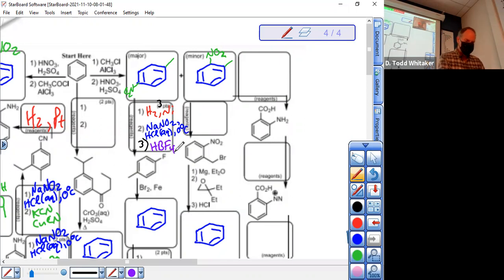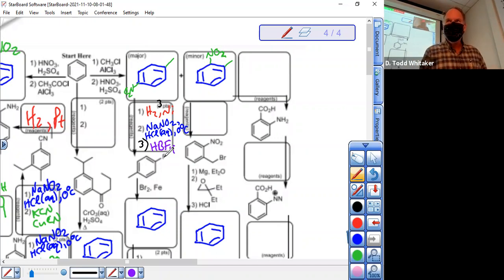Are we putting a fourth group on benzene? The third group on benzene. Which group's a more powerful director? A methyl that can stabilize cations, or a fluorine that destabilizes them with its electronegativity, yet partially stabilizes because it can resonate with them? I think I answered my own question. Methyl is the one that's more important because it's more powerful. I want to go para to methyl, but that's already gone.